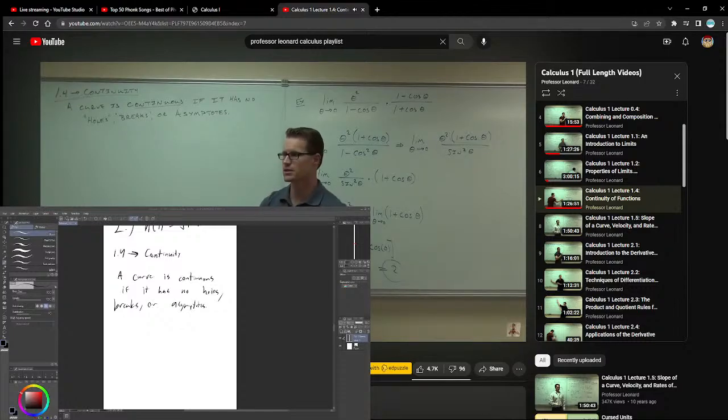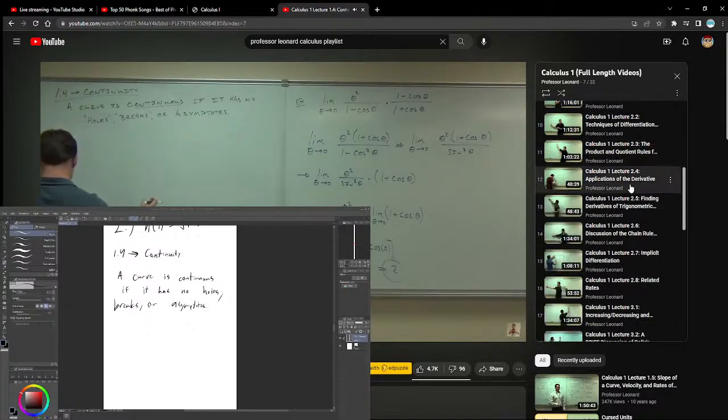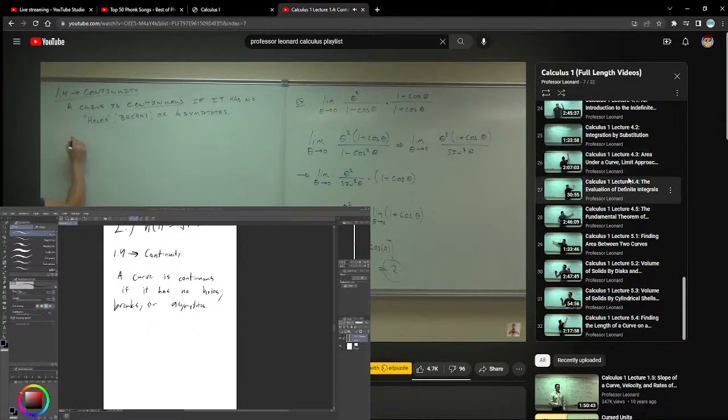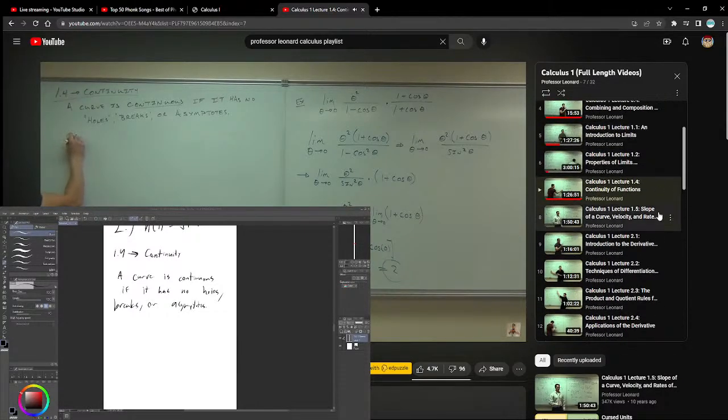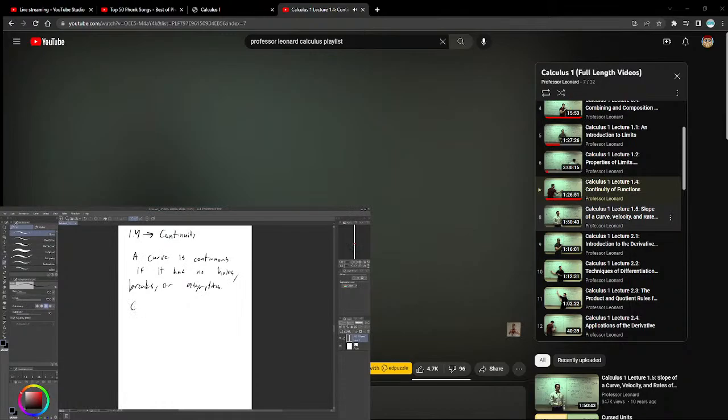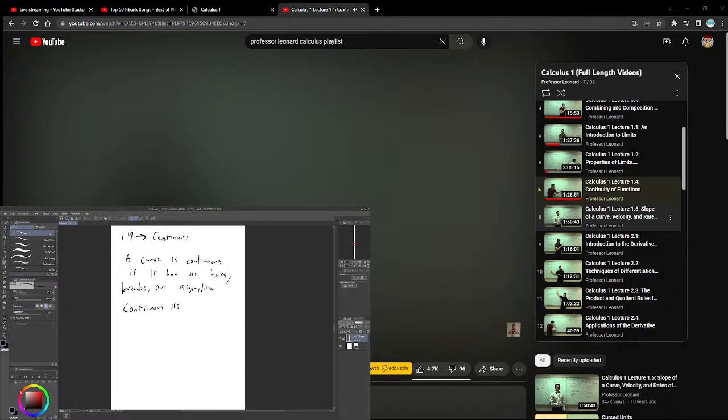Here's what continuity is mathematically, though. More specifically, a function is continuous if three things happen. First, and let me say at a point. I need to add that on there, otherwise it's not going to really make a lot of sense.